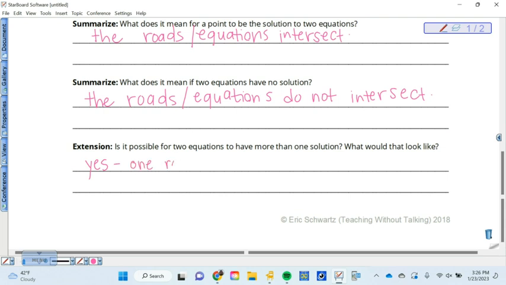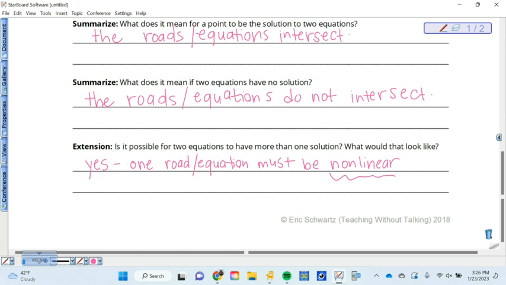One road or equation must be nonlinear. By nonlinear, I just mean not straight.